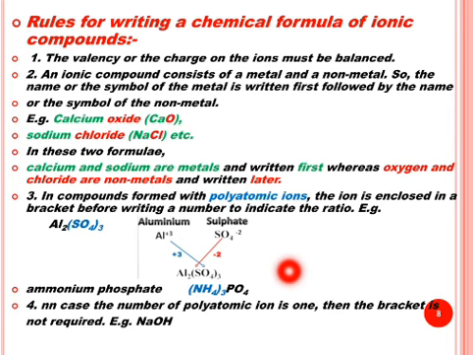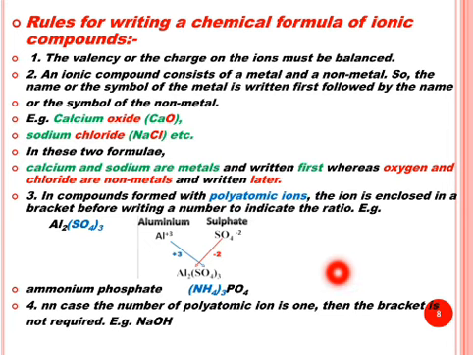The cation is the ammonium ion and the anion is the phosphate ion. Just like this, the aluminium ion is the cation and the sulfate ion is the anion. Similarly here, the ammonium ion NH4 1 plus is the cation and PO4 3 negative is the anion. Then we write the charge. The ammonium ion has 1 plus and the phosphate ion has minus 3.